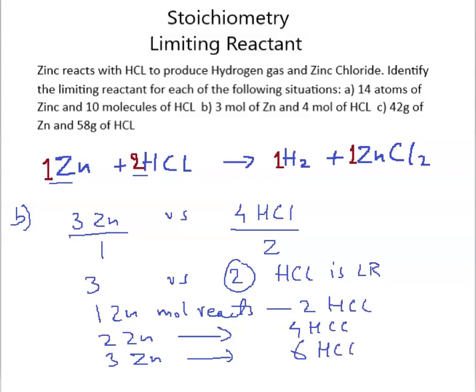What are we getting? We are getting 4 because of the coefficient. We should be getting 6, but we are not. So that means HCl is the limiting reactant.